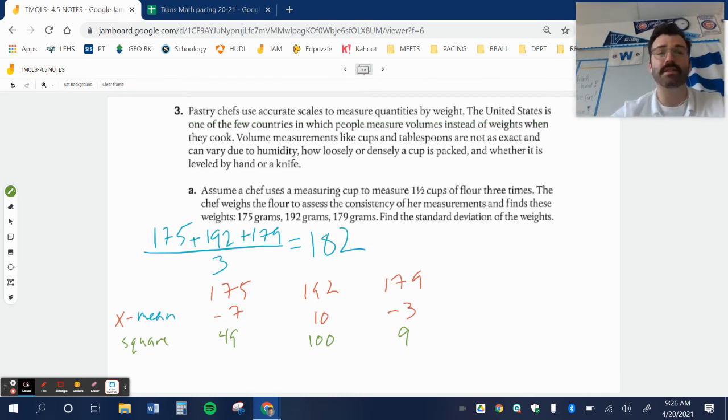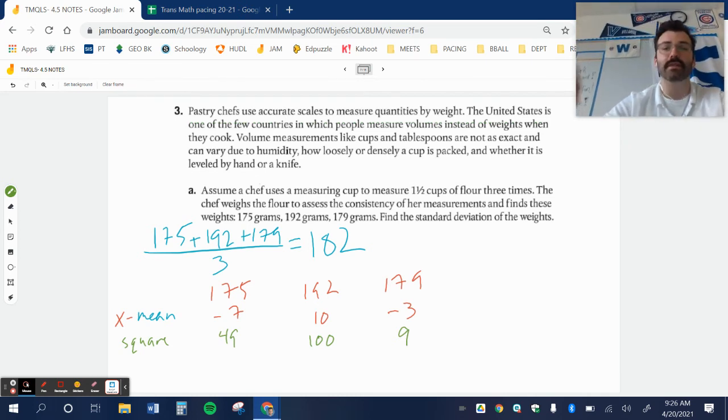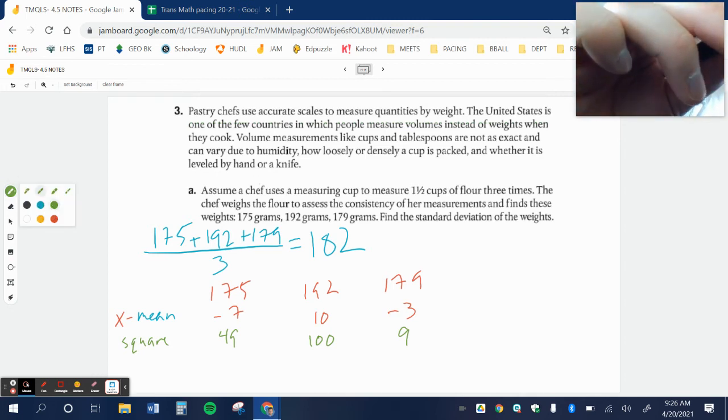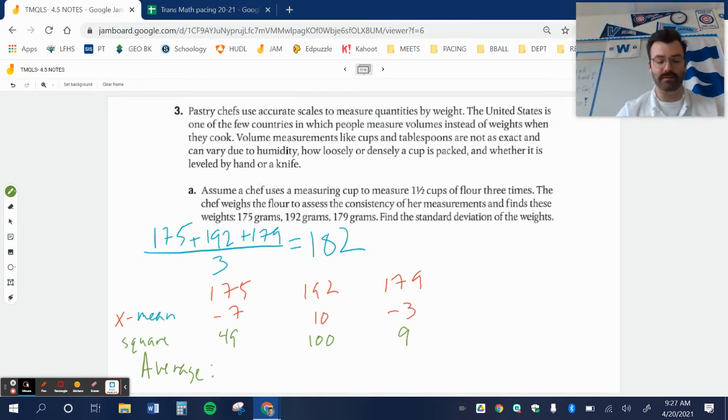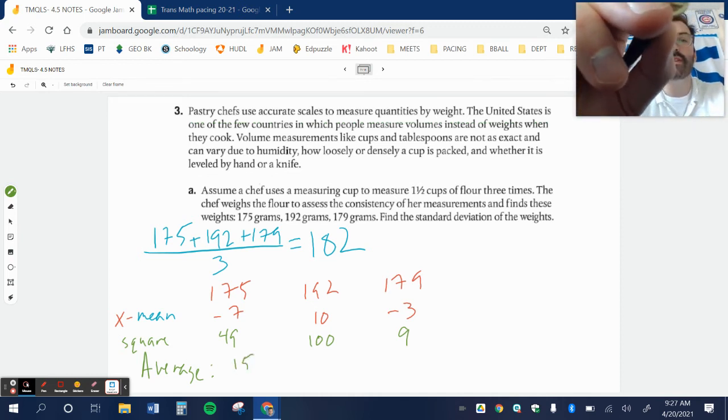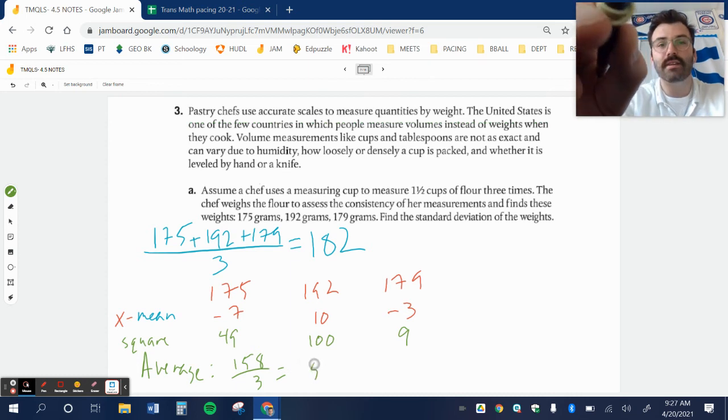Next step, after I square it all, is to find the average. Average of these three numbers: I'll do 49 plus 100 plus 9 divided by 3. So I do 158 over 3, and I get 52.6.